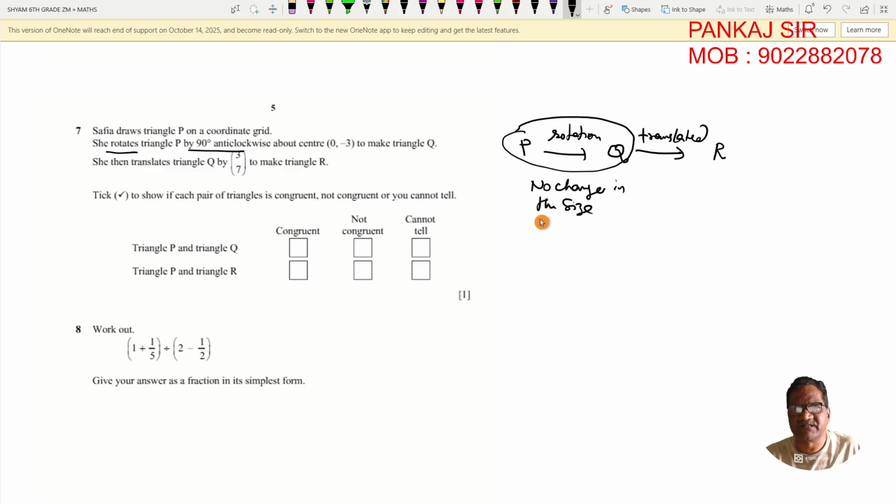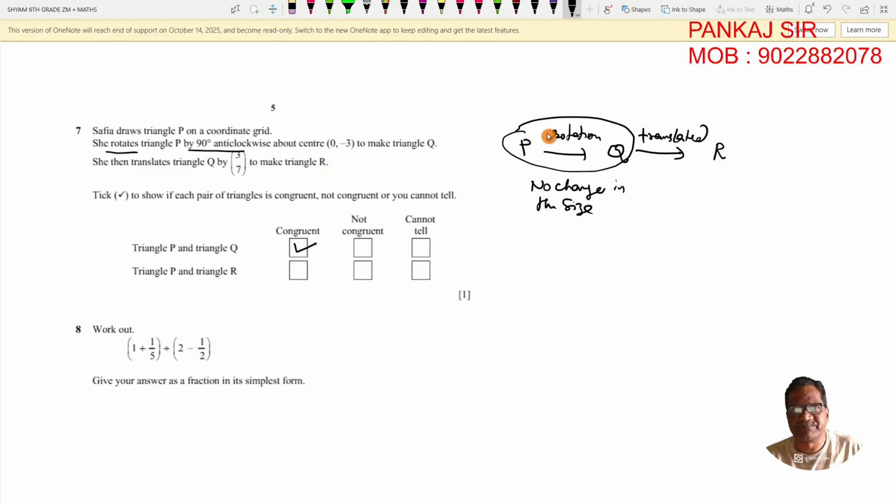Whatever the object, its size doesn't change. So the triangle Q and triangle P both have the same size, and same size means they are congruent. So I'll put a tick mark over here. They are congruent.